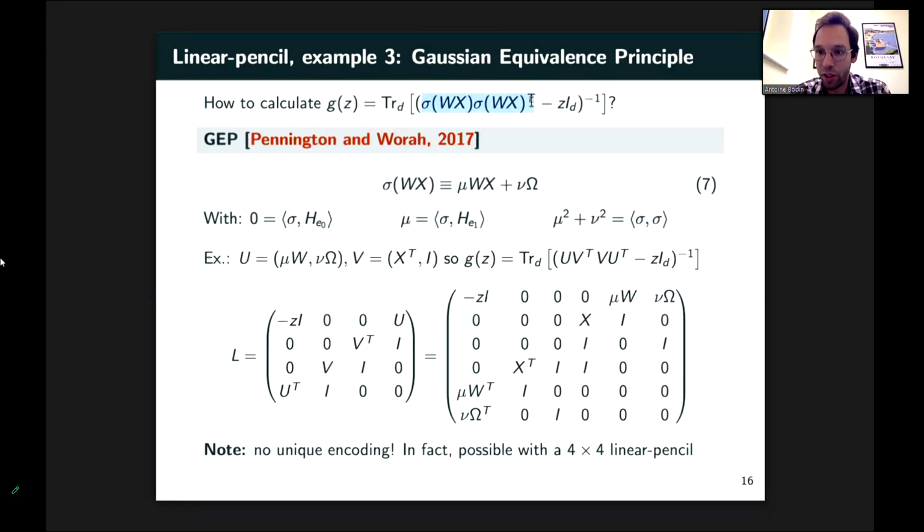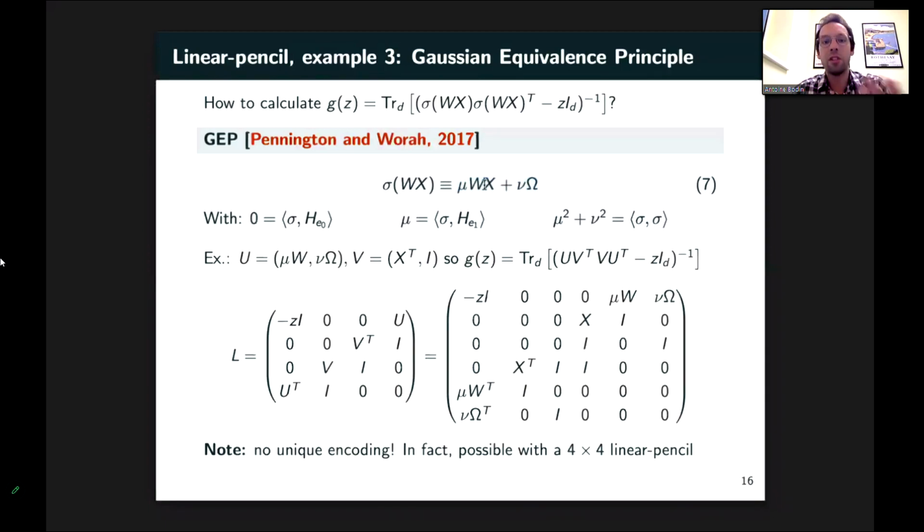This for sure will happen if you tackle the random matrix model at some point. And there are different results that show you precisely what's going to be this spectral distribution. But one thing that has been shown is that there is something called the Gaussian equivalence principle that gives a relation between sigma of WX with something that doesn't depend on the non-linearity of sigma.